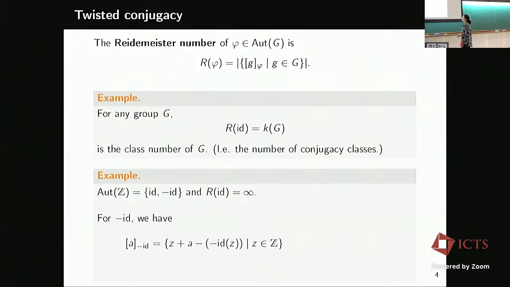For minus identity, the class of an element a is the set of elements twisted conjugate to a, so z plus a minus (minus identity)(z), which is a plus 2z. If a is odd, this is the set of all odd numbers; if a is even, the set of all even numbers. So the Reidemeister number of minus identity is 2. Here you have two automorphisms with two very different Reidemeister numbers.